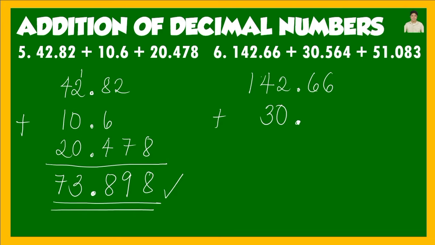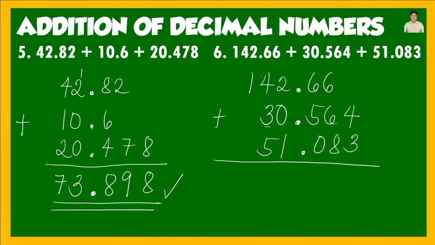So, yung 3, hindi po natin itatapat dun sa 1. So, yung kinoconsider po natin dyan yung decimal point. And then, 51 and 83 thousandths.